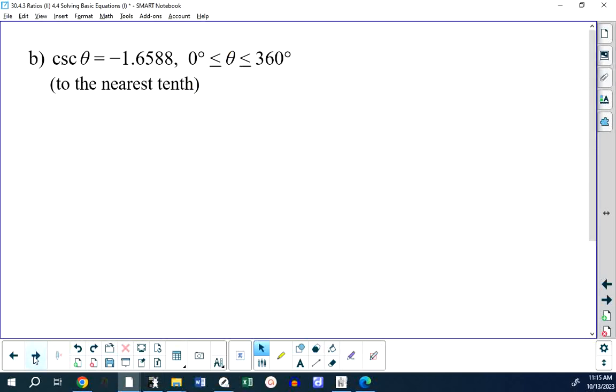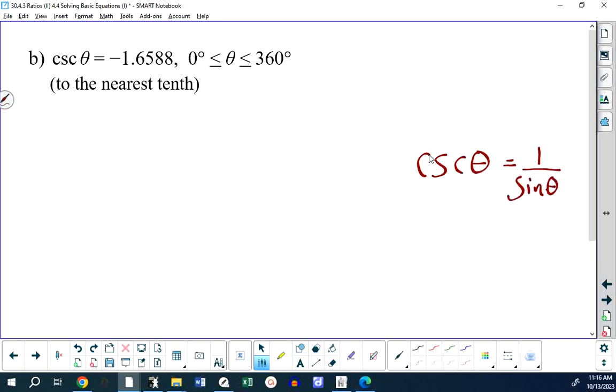Cosecant equals negative 1.6588. Well, we want to first of all here change this to a primary trigonometric equation. This is an equation we're trying to solve for theta. It's trigonometric. So what I do, and this can get really tricky. Cosecant of theta is the reciprocal of sine of theta, which means that sine of theta is the reciprocal of cosecant of theta. And I know that some of you are algebra hounds.